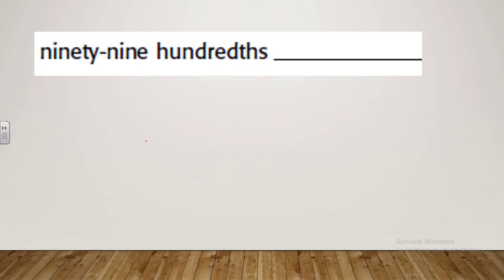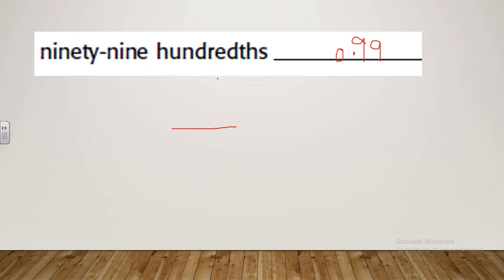Let's see here, it's 99 hundredths. So let's write it as a decimal first. 99, so let's write 99. Hundredths, it means we will put a point after two numbers, 1, 2. Okay? And if we want to write this number as a fraction, let's make a fraction.